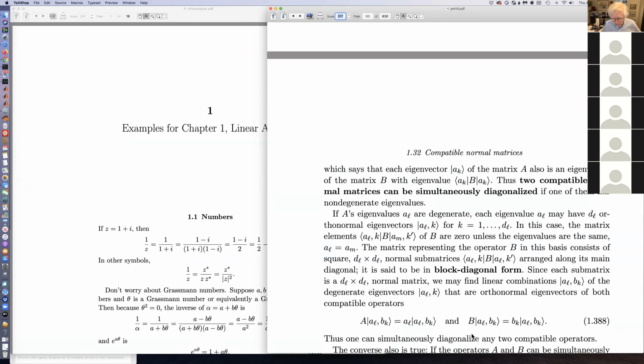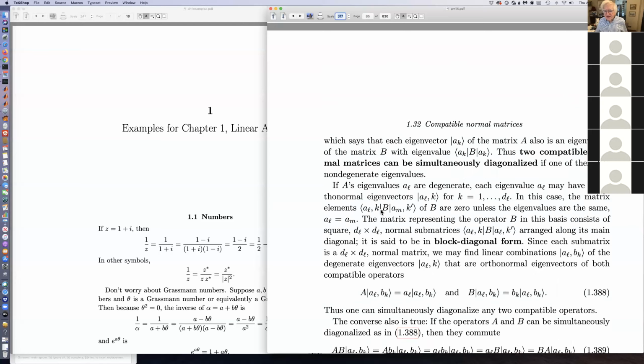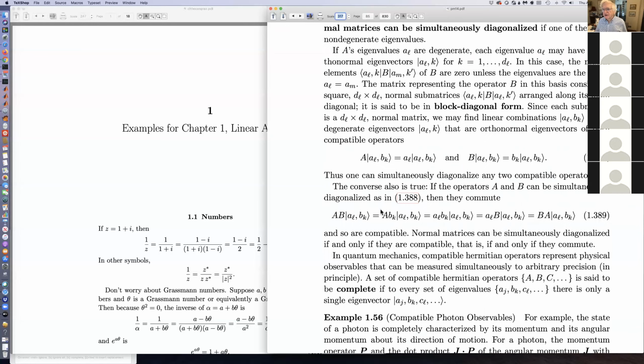We can diagonalize all of them simultaneously, and so they're all compatible. If A's eigenvalues are degenerate, then each eigenvalue may have d_L orthogonal eigenvectors.